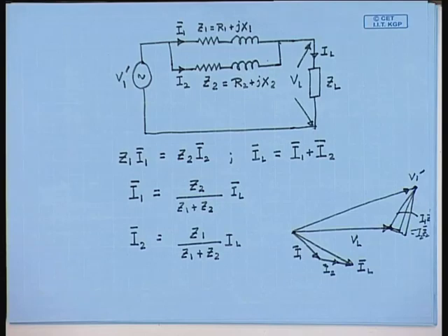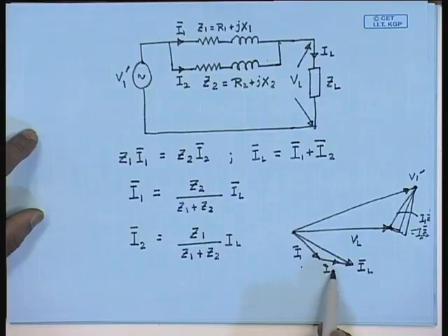Now, it is obvious from the phasor diagram that the current in the two transformers will be minimum when I1 and I2 are in the same phase, because then IL will be the algebraic sum of I1 and I2.